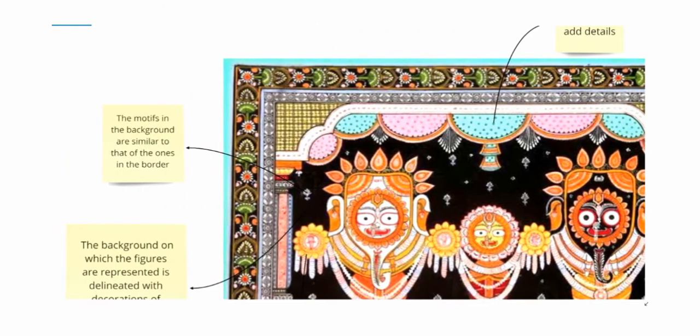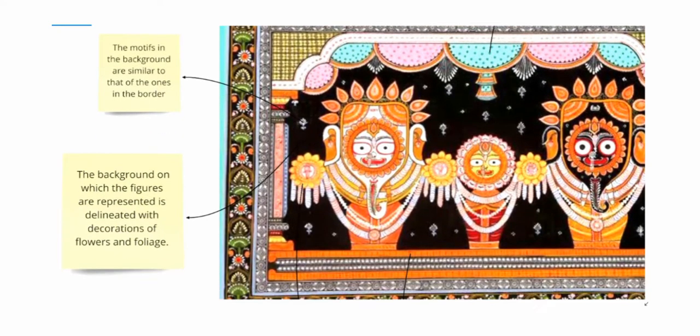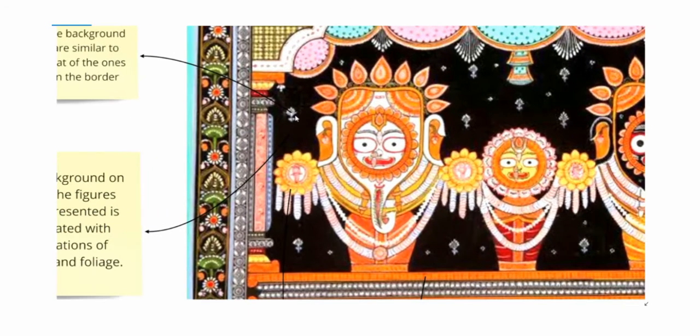The motifs in the background are similar to that of the ones in the border, and the background on which the figures are represented is delineated with decorations of flowers and foliage. If we look at the background, the small white motifs are almost similar to the ones in the borders.